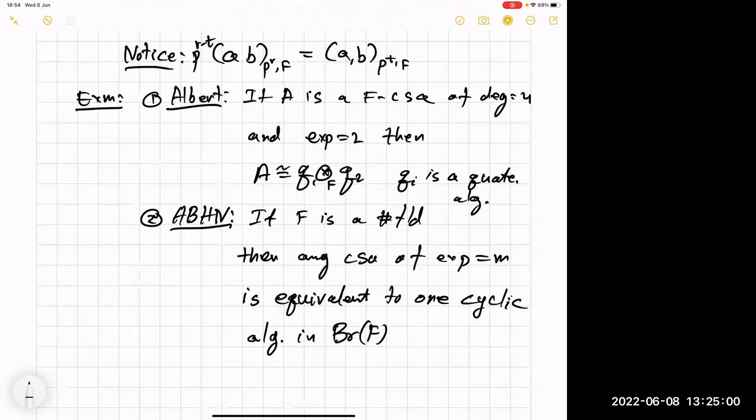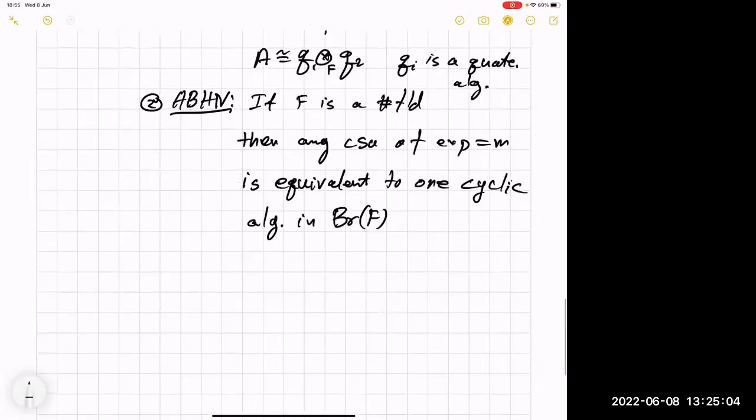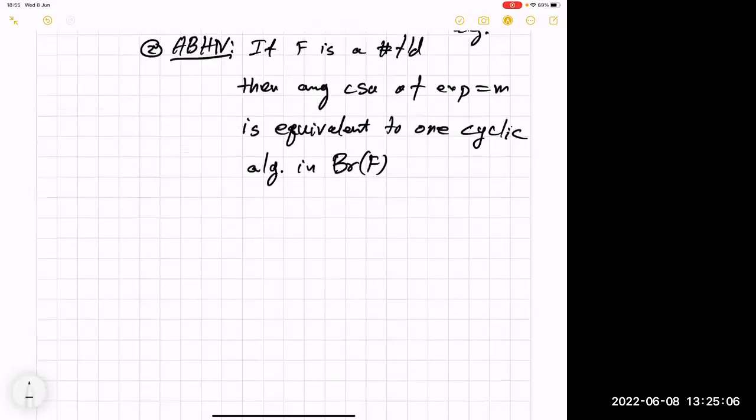You can still define some special types of algebras. And I will not say any more about the case n equals 2.